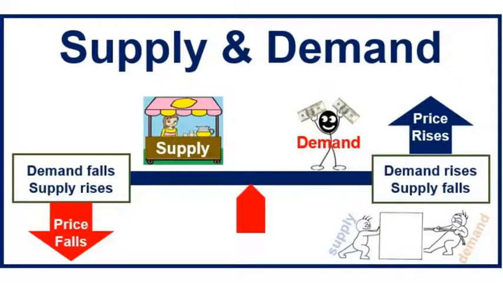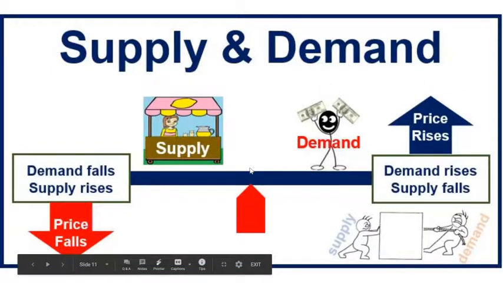Also, if there is not enough product, the demand will go up, thus prices will go up. And if people don't like the price that it goes up to, then their interest will fall. So it is a definite balancing act. So remember, the happy spot, the middle, is where you want to be, called the equilibrium. You want to make sure that you're equal.